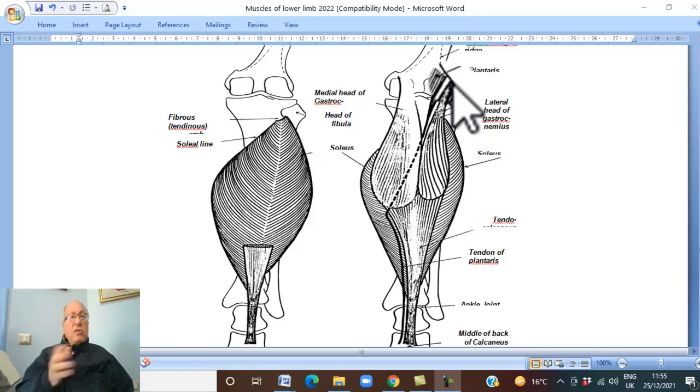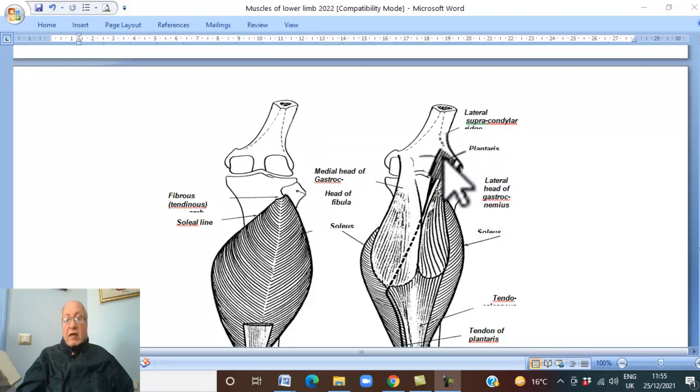While the medial head arises from this triangular area, called the popliteal surface of femur, which lies between the medial and the lateral supracondylar ridges.